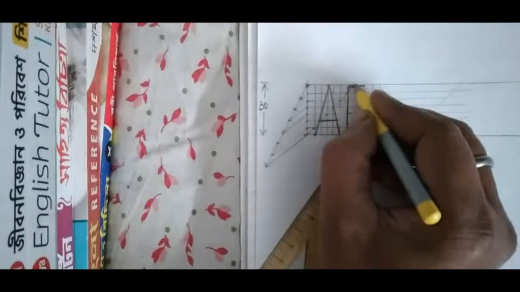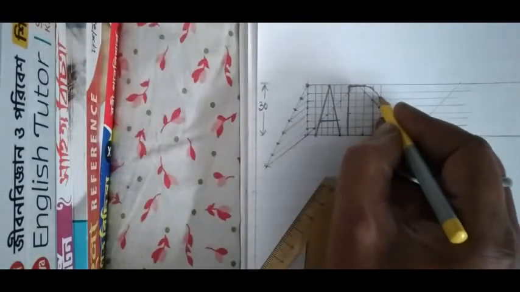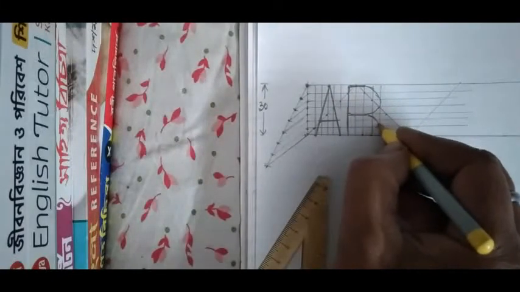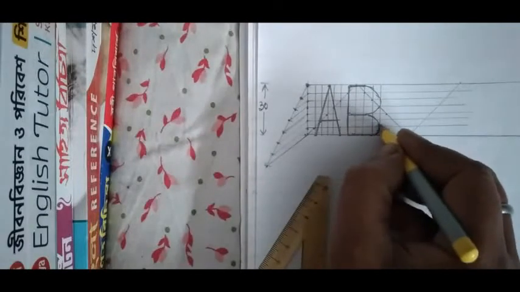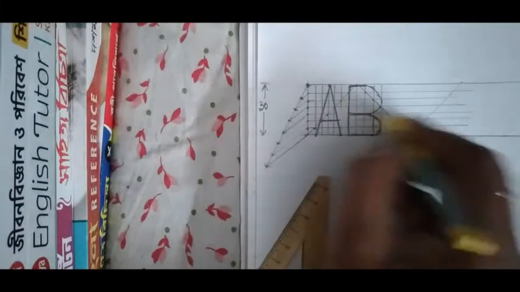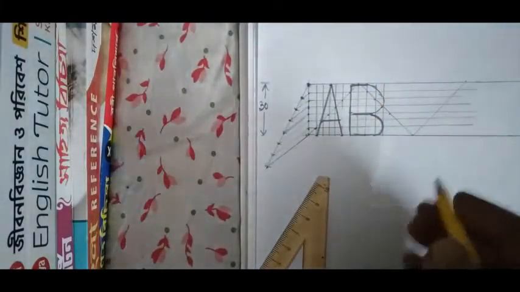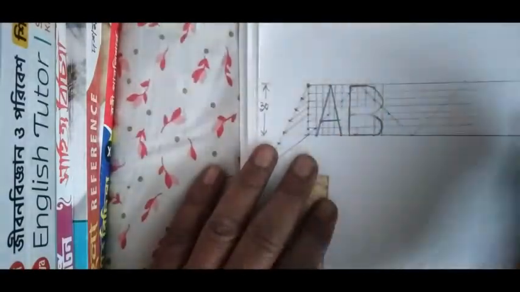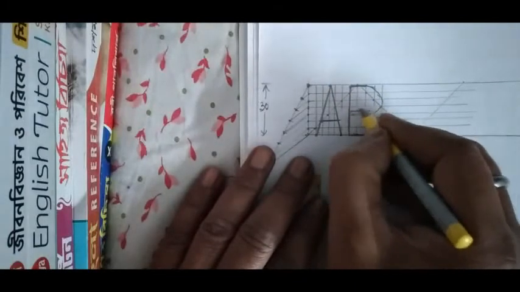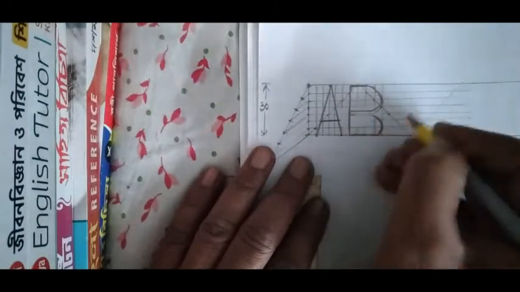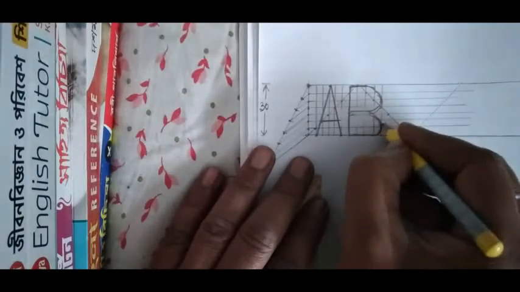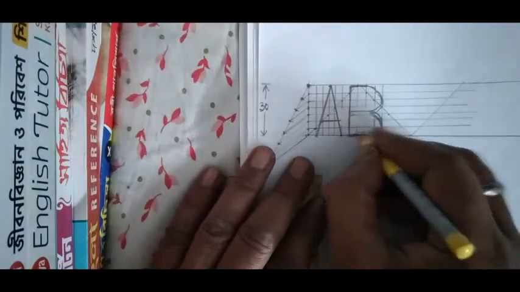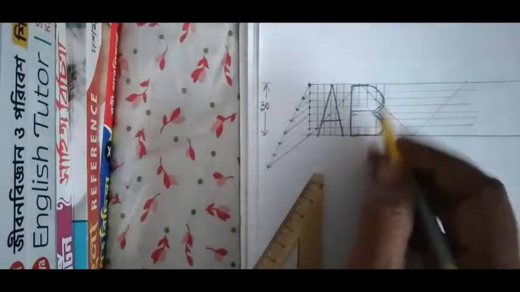So just like this. Actually you have to draw the midpoint from this, the midpoint meaning 3.5. Understand? This is B. This is also in 7:4 ratio.